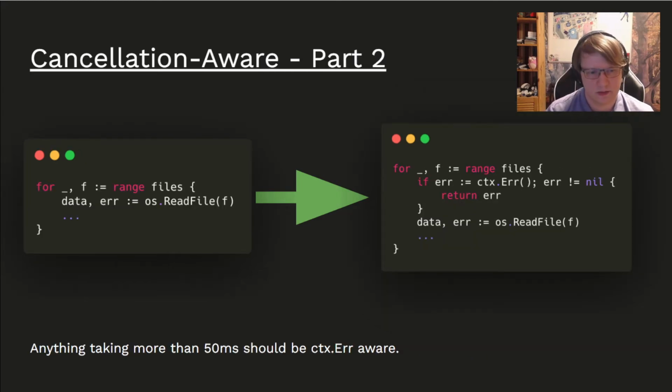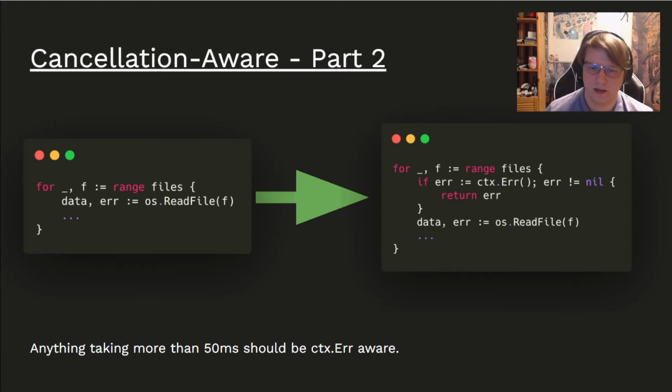And of course, if any operation takes, let's say, more than 50 milliseconds, which is a reasonable amount, I guess, you should take care of checking this context error manually. So, for example, if you have a for loop of files to read, then you can check this context error and whether it has been cancelled.